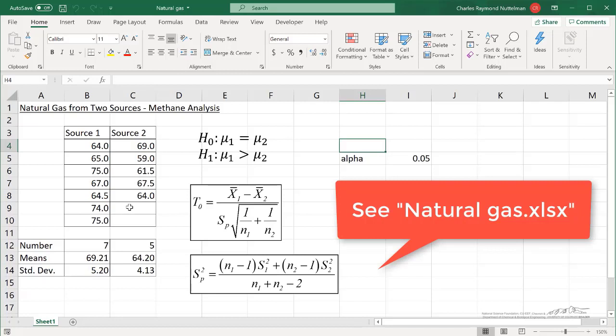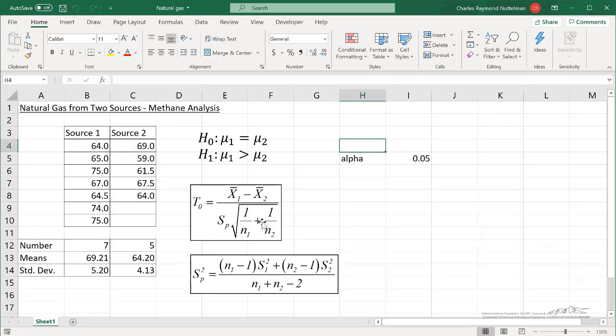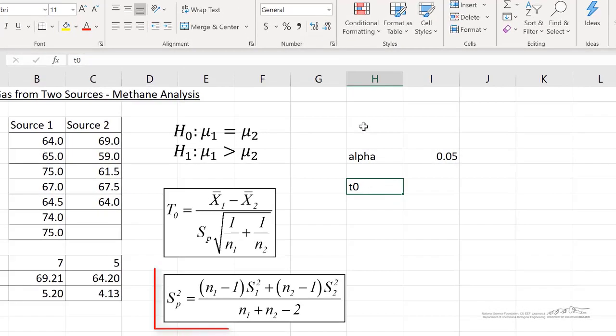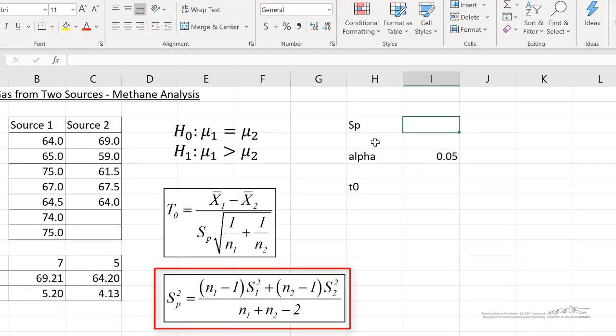I've got this in a file called natural gas. Our test statistic, we have to use the pooled standard deviation, where the pooled standard deviation formula is shown down here. I've already named these things N1, N2, X bar 1, X bar 2, S1, S2. Let's go ahead then and calculate our test statistic. Our test statistic is given by this formula. We first need to calculate our pooled sample standard deviation, Sp.